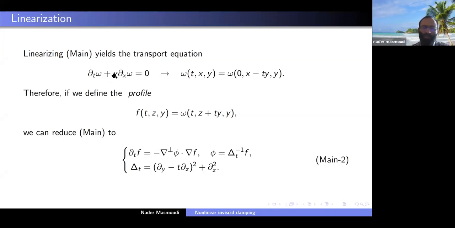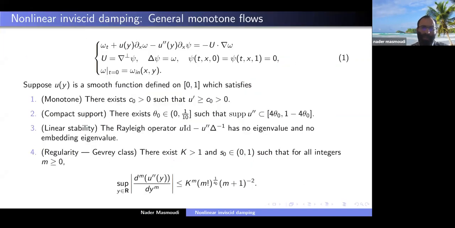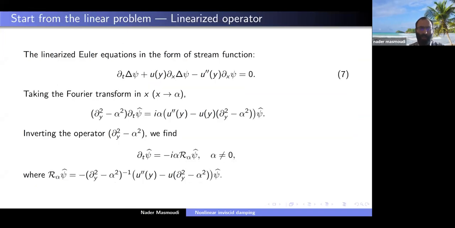And we have to make a change of coordinate based on that. So I'll explain that. But first, before talking about the new coordinate system, let me spend some time talking about the construction of the wave operator, which is really the linear analysis.